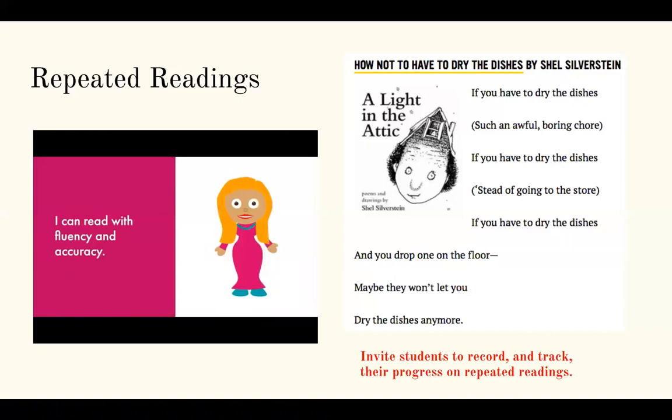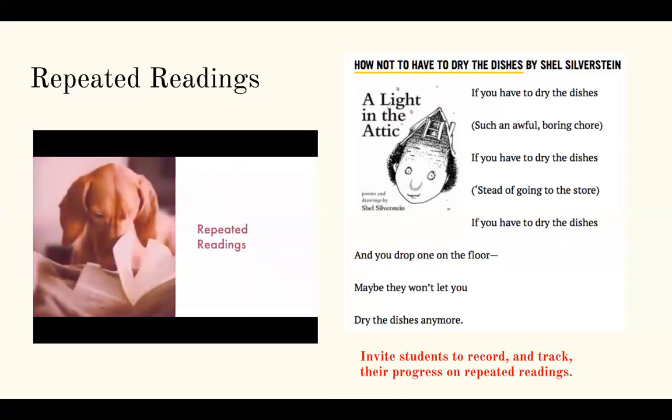You will use a rate or speed that is just right. You will read with expression and pause at punctuation or the end of the line of the poem. To improve your fluency, we will use the repeated reading strategy. That means we will read the poem several times, getting better with each time we read.